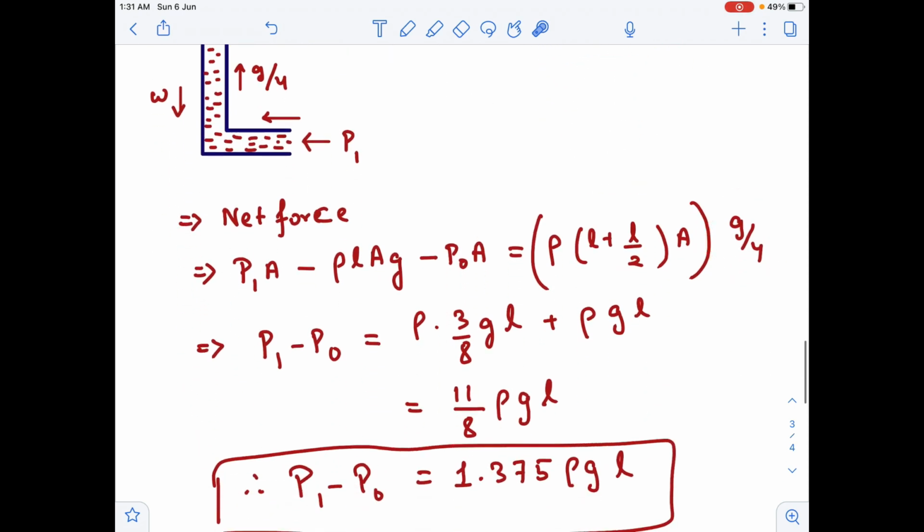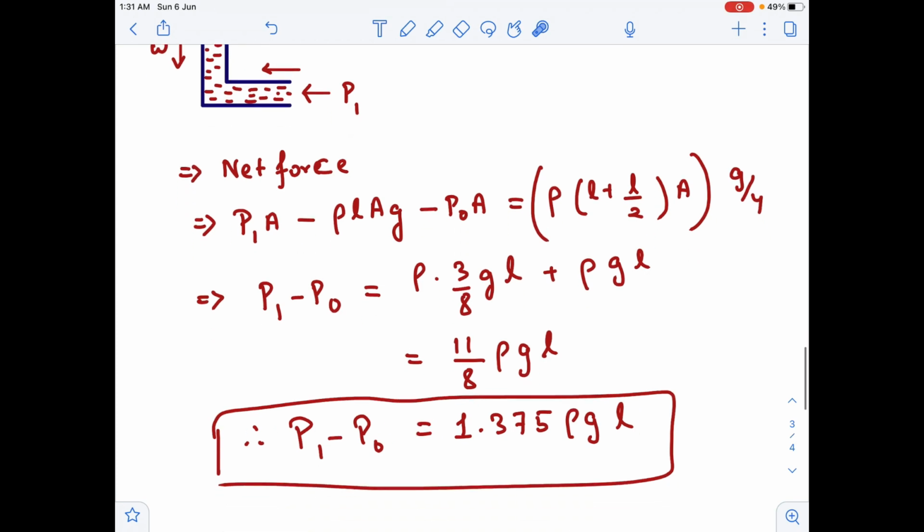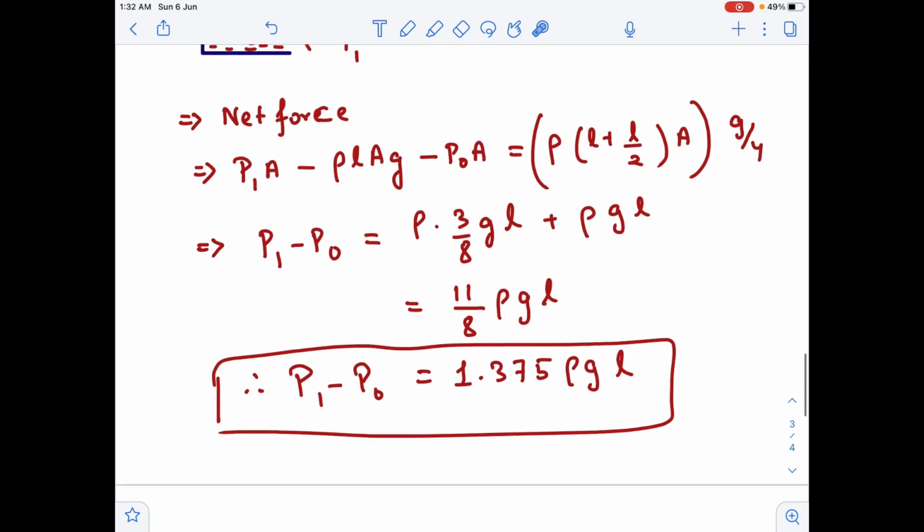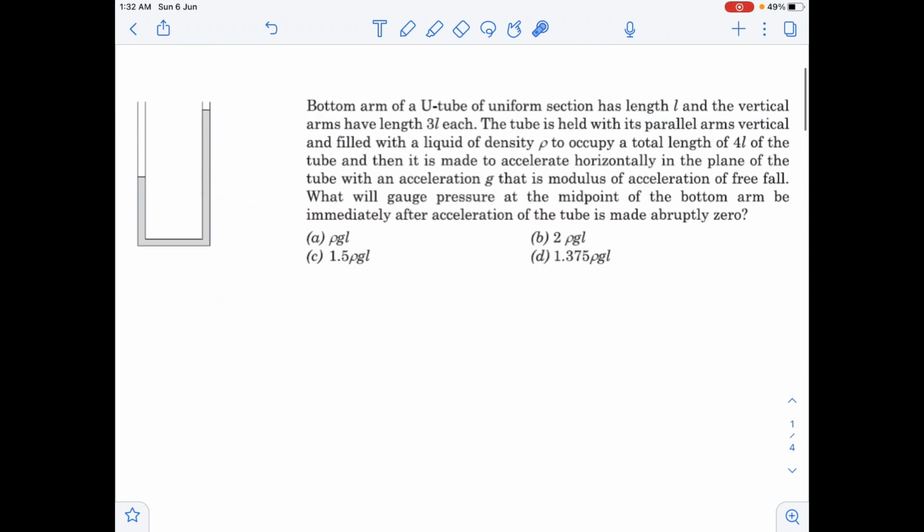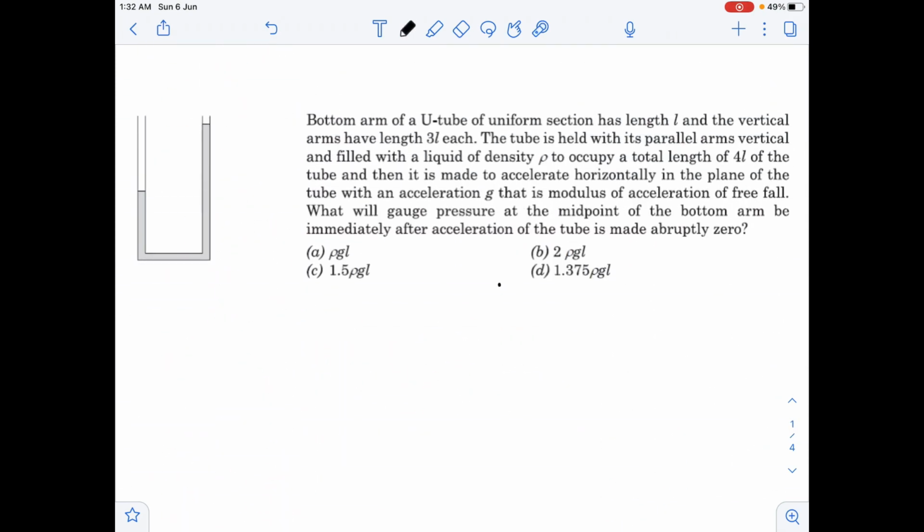Now reassemble all the variables. If you find P1 minus P0, that is the gauge pressure, it gives you 11 by 8 rho g L, that is 1.375 rho g L. So I think option D is the correct answer.